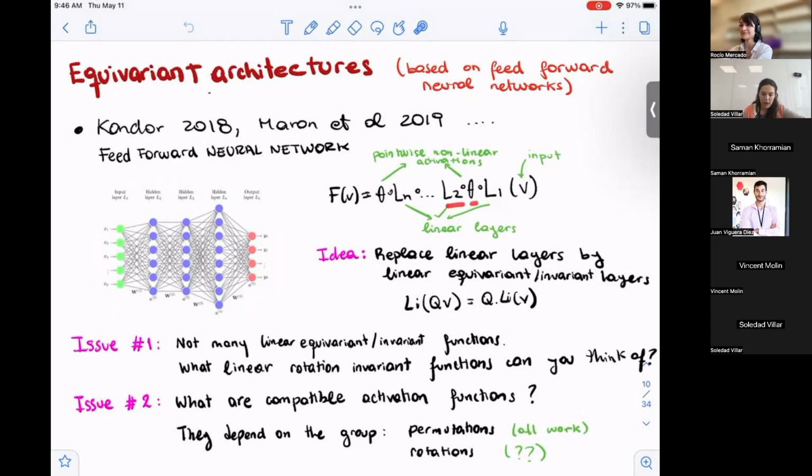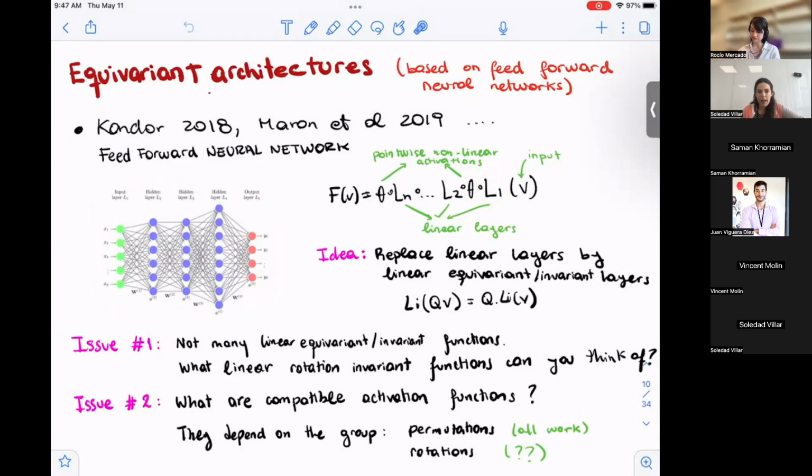If you want to make it equivariant, you can try to make the linear layers equivariant with respect to the group action. And then you need to see how you modify the nonlinear activation function in order to preserve the symmetry.